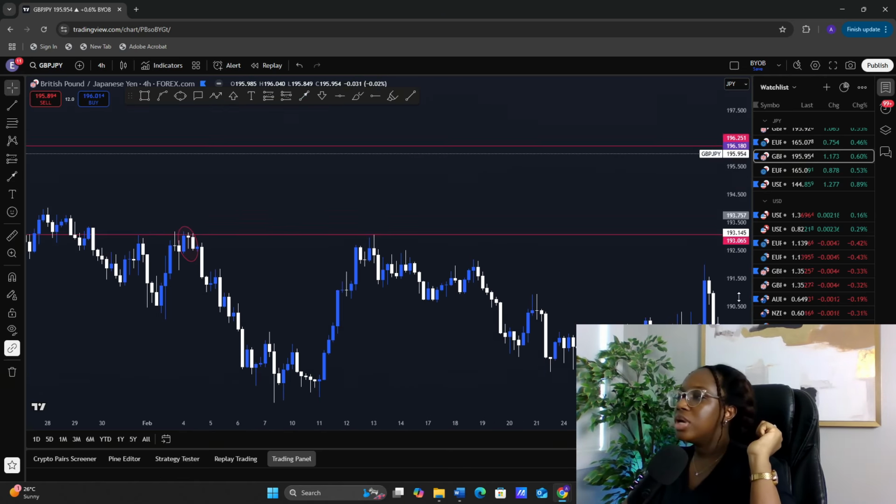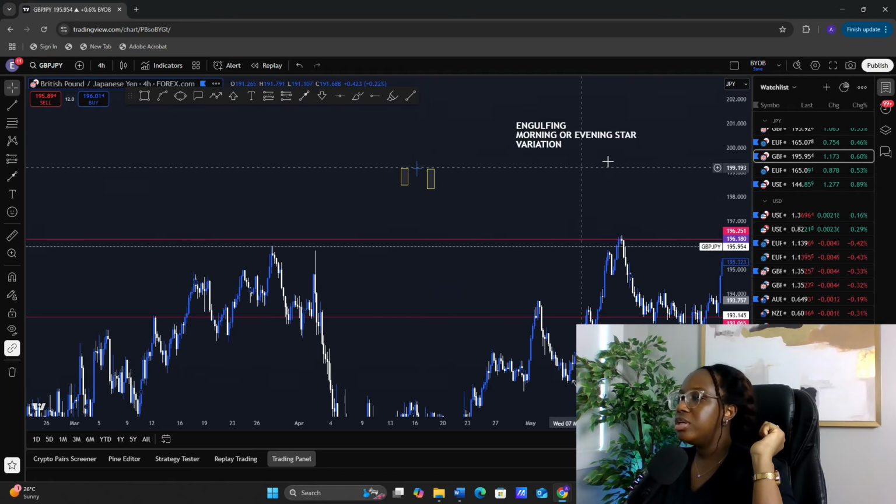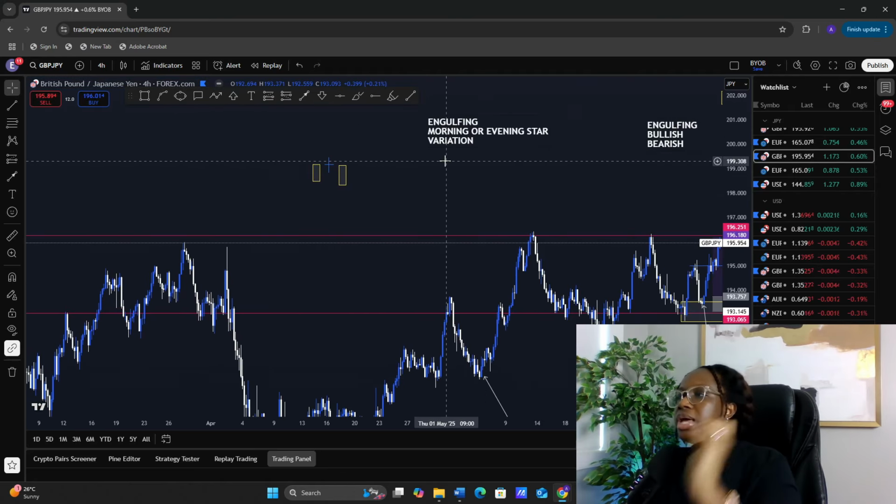Now third on our list would be variation candles. There are times where price is at my area of interest, and the candle that formed is not necessarily an engulfing candle, and it's not really a morning star or evening star pattern either. In those scenarios, what exactly do you do?